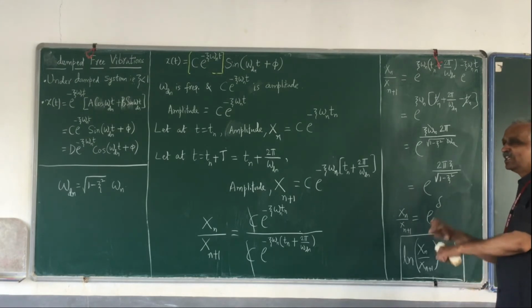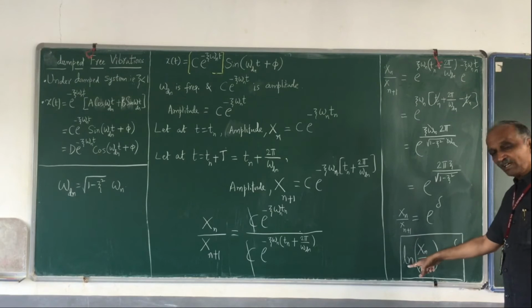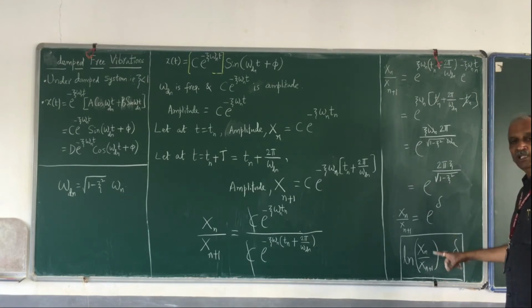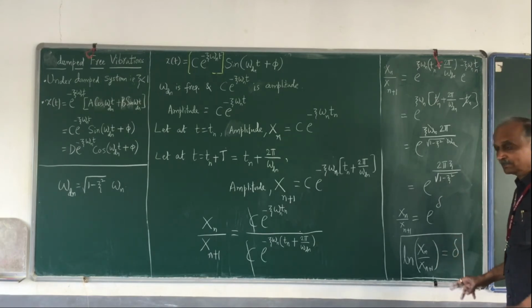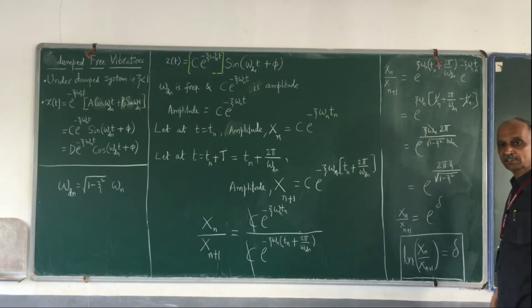If you start this ratio in the beginning only, then you are stuck. It is natural log of the ratio of the two consecutive amplitudes is known as logarithmic decrement, and logarithmic decrement is a constant. It is a constant. How much is that? This is equal to 2 pi zeta divided by root of 1 minus zeta square.